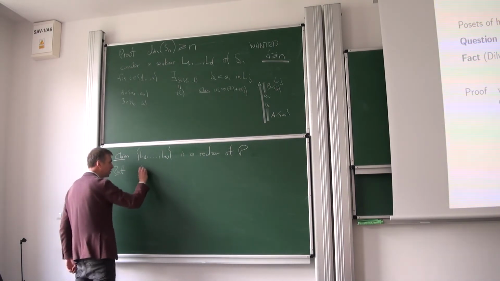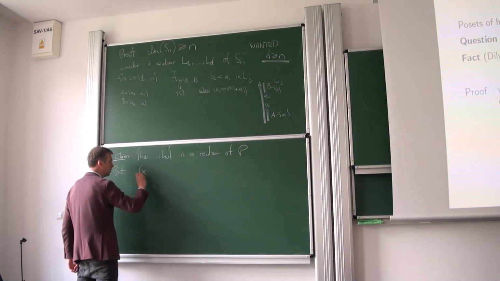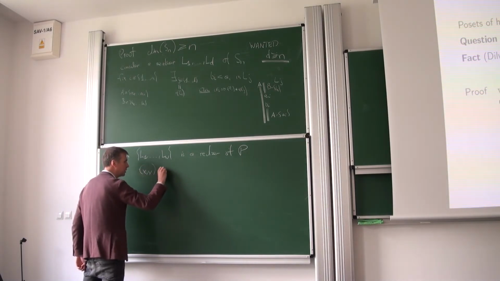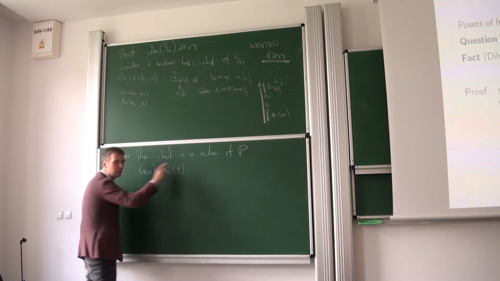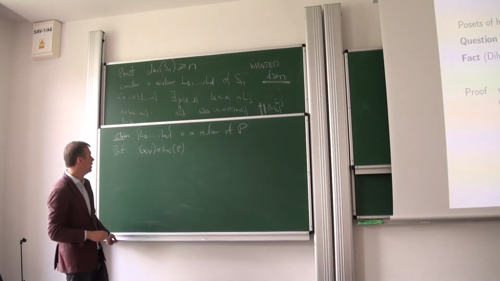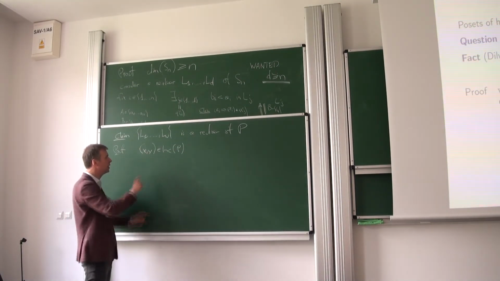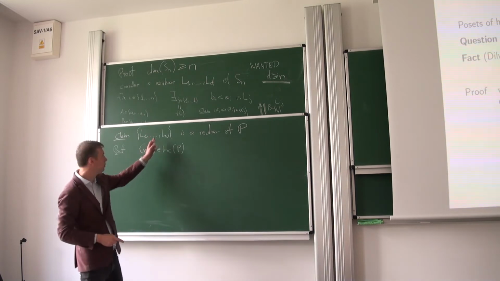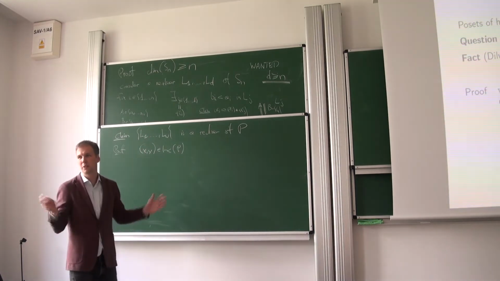Well, we need to take an incomparable pair X, Y in Inc of P, the set of incomparable pairs of the poset P. And we need to show that there is a linear extension here that puts Y before X. That's all we need to do.